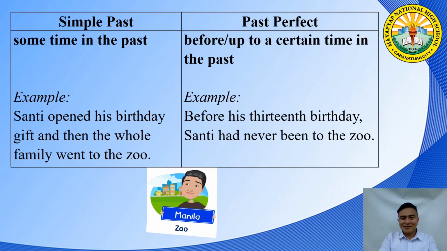Sometime in the past. For example, Santi opened his birthday gift and then the whole family went to the zoo. Before or up to a certain time in the past. For example, before his 13th birthday, Santi had never been to the zoo.